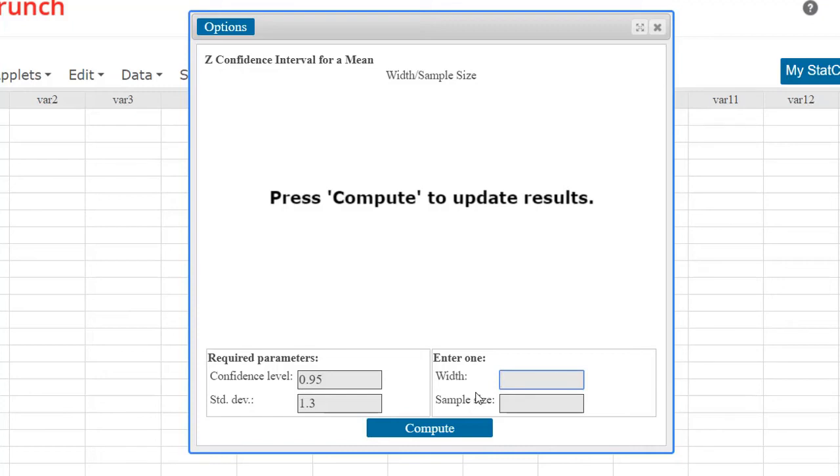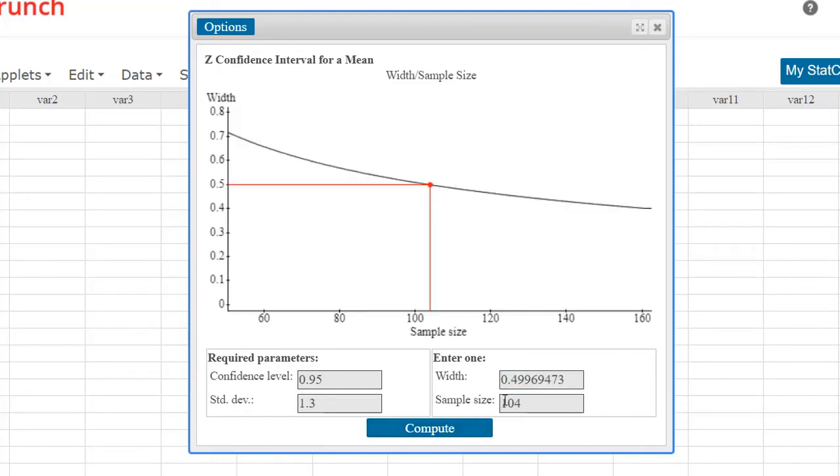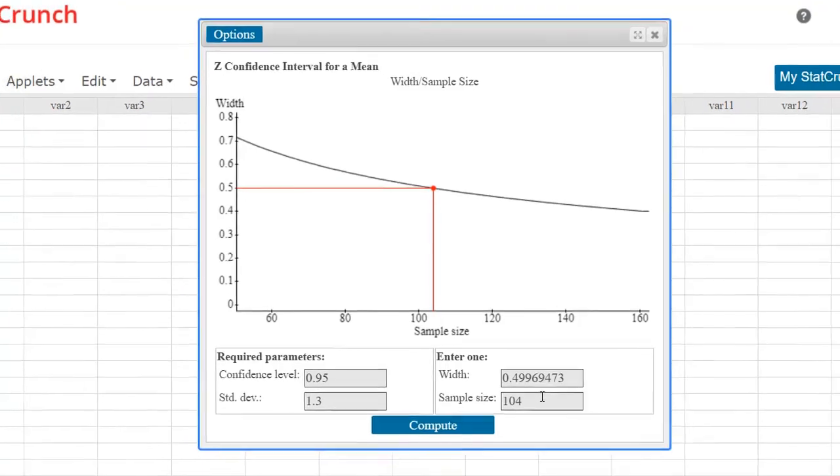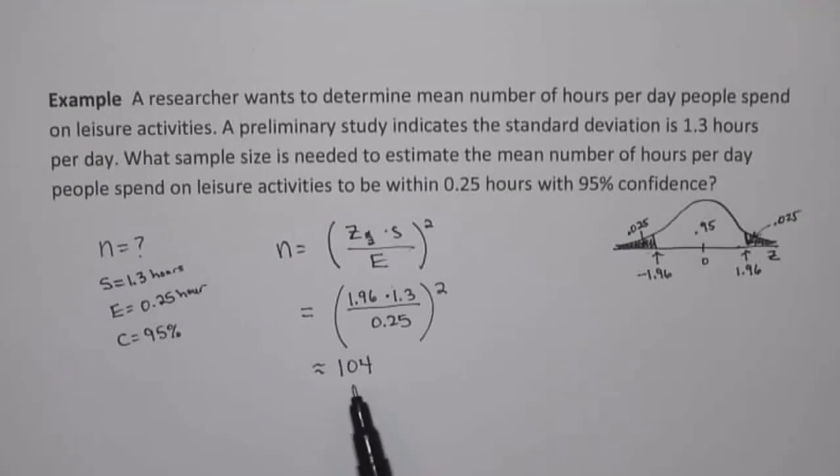Now our margin of error is 0.25, so 2 times that is 0.5. So I've entered in the width of the confidence interval. When I select compute, we get the sample size. StatCrunch returns the sample size of 104, which matches the sample size that we obtained when we calculated this using the formula.